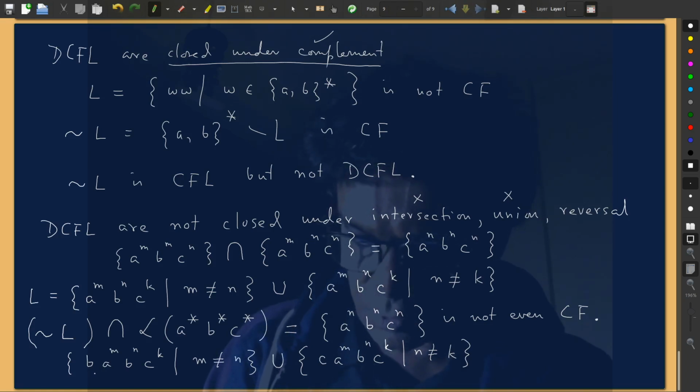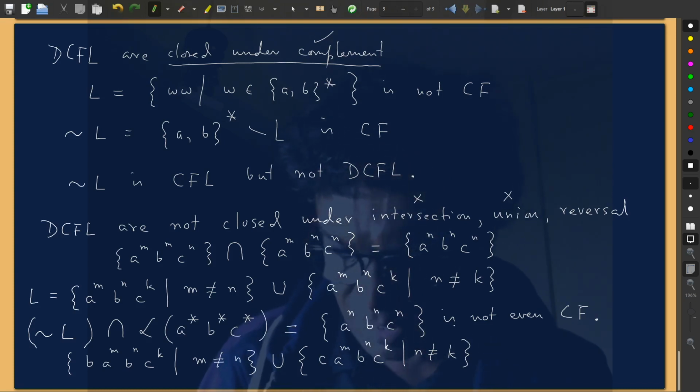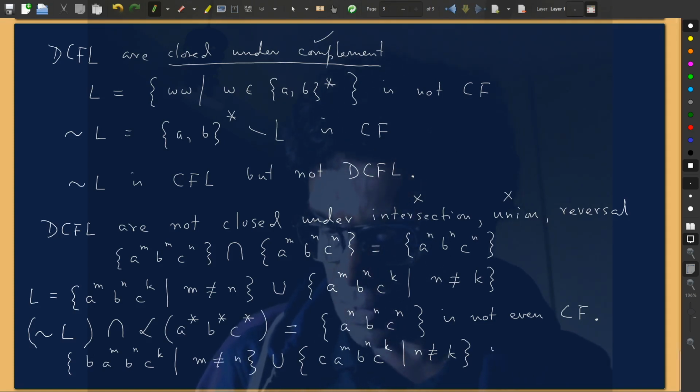So it's easy to see that this language is deterministic context free. Intuitively, however, if you read from the back, you will see the b or c in the end. But before that, you have to make a decision whether you are comparing this with this or this with this.